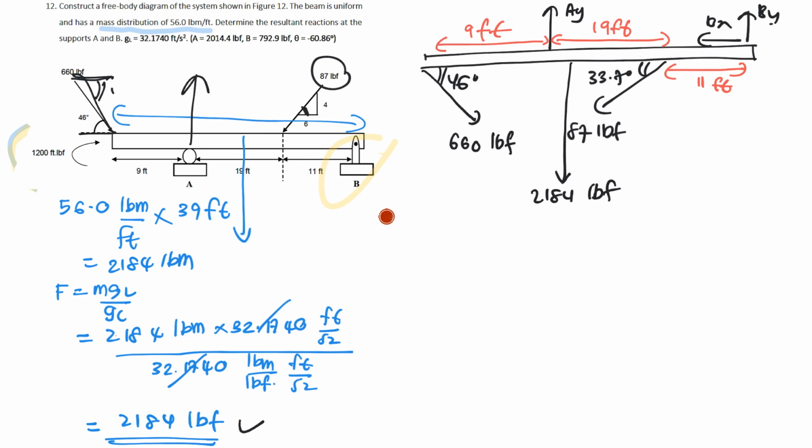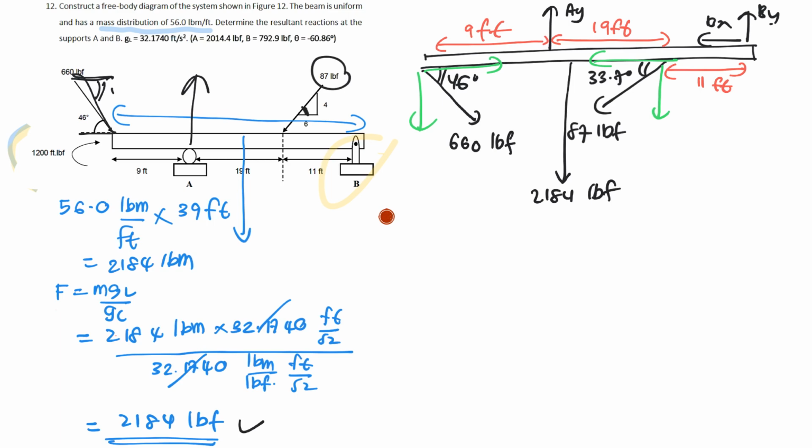Next, I am going to resolve all the forces, so it is much easier to see the direction. You are going to have 5 forces, so make sure you have 5 forces. Then you proceed with the calculations.